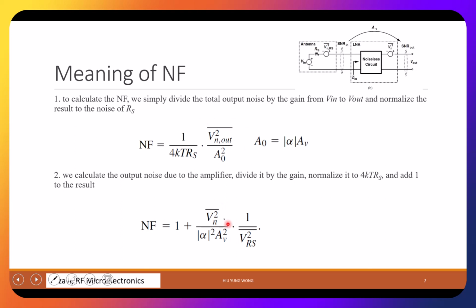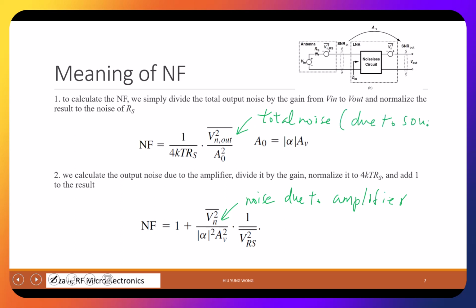Another way is this, which is exactly the same as this one. This is the noise due to the amplifier. Here, this is the total noise, right? Due to the source and the amplifier.